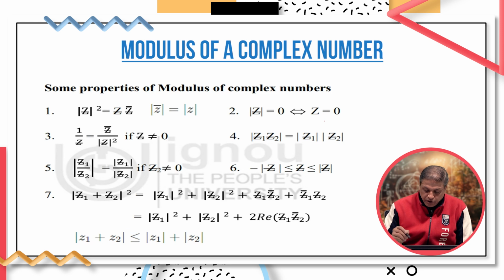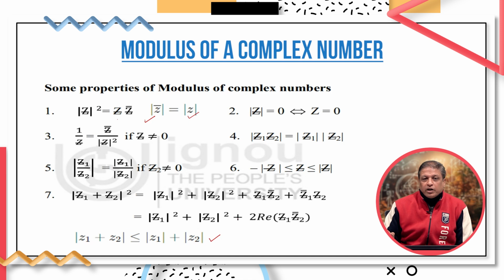Likewise, for z1 and z2, as we had properties about the conjugate of a complex number: the square of the modulus is the product of the complex number and its conjugate, and the modulus of the conjugate of a complex number is equal to the modulus of the complex number itself. And this is the triangle inequality, wherein modulus of z1 plus z2 is less than or equal to modulus of z1 plus modulus of z2. You can refer to these properties.